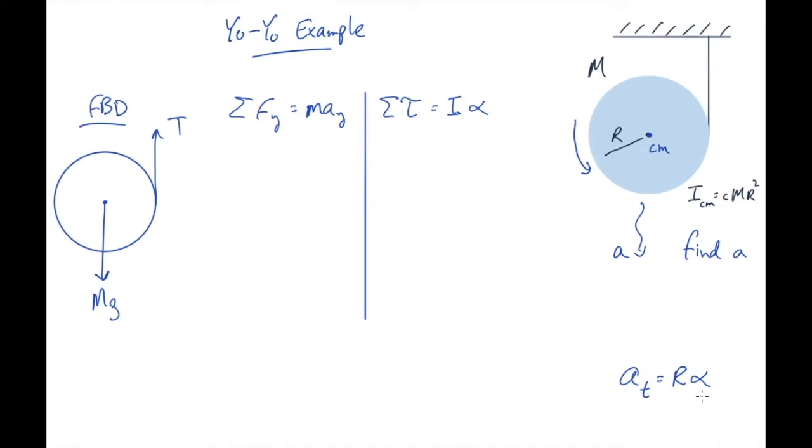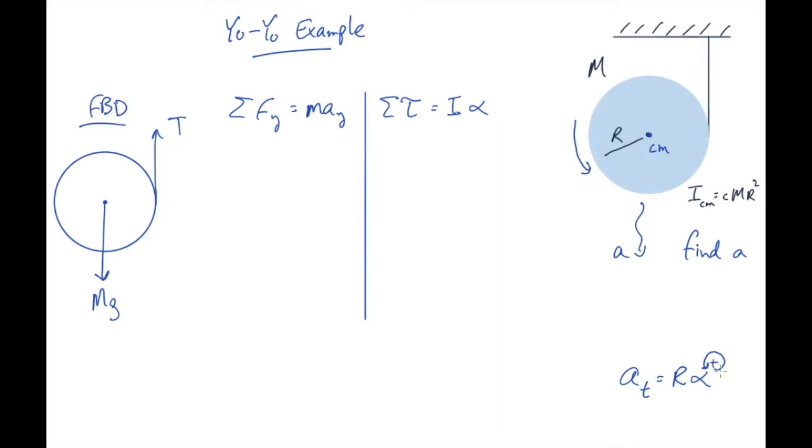So let's think about alpha first. Alpha tells me how this rotational rate is changing. As the yo-yo rotates this way, it's going to move down. So I'm going to let both of those be the positive direction. For alpha, I'm going to let the positive direction be this way. I'll draw that right here.